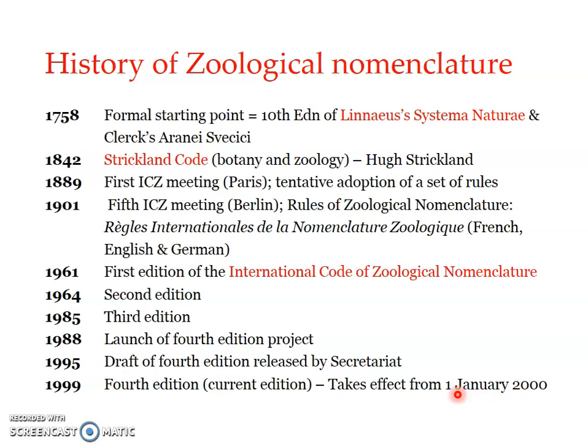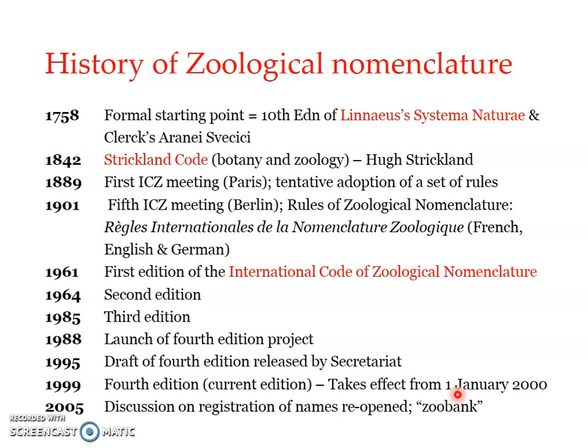It includes principles adopted in the various previous commissions and meetings. Okay, so this is about the history of the International Code of Zoological Nomenclature, starting from 1758 till 2000.